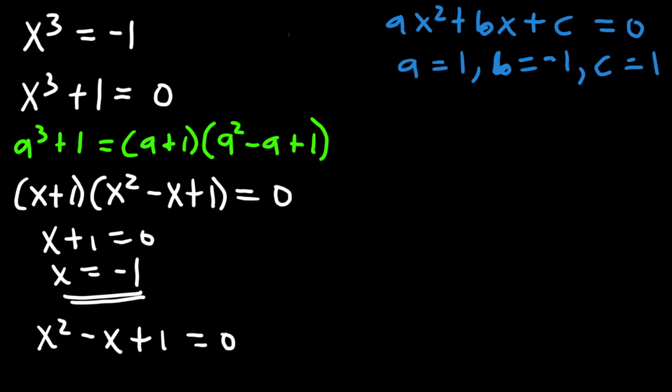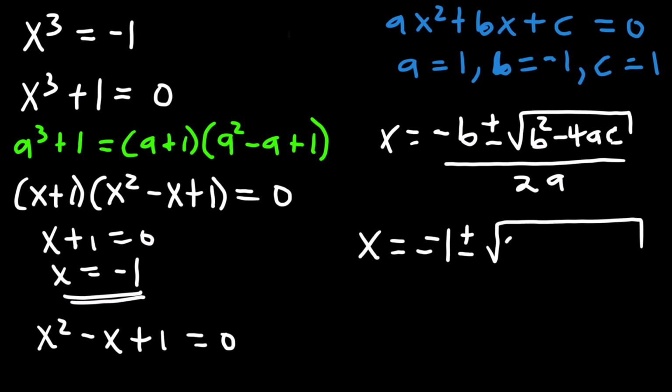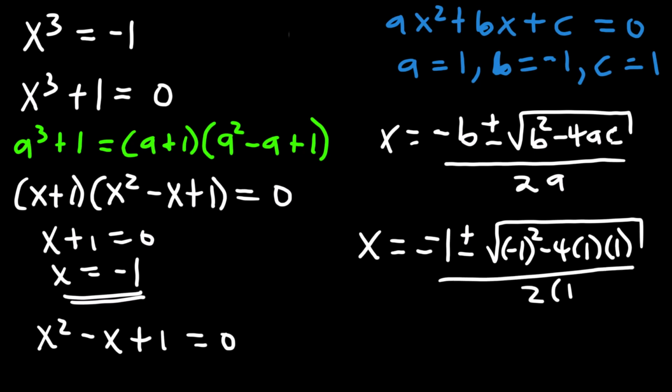We know that x will be equal to -b plus or minus the square root of b to the power of 2 minus 4ac divided by 2a. Therefore, x will be equal to -(-1) plus or minus the square root of (-1) to the power of 2 minus 4 times 1 times 1, divided by 2 times 1.